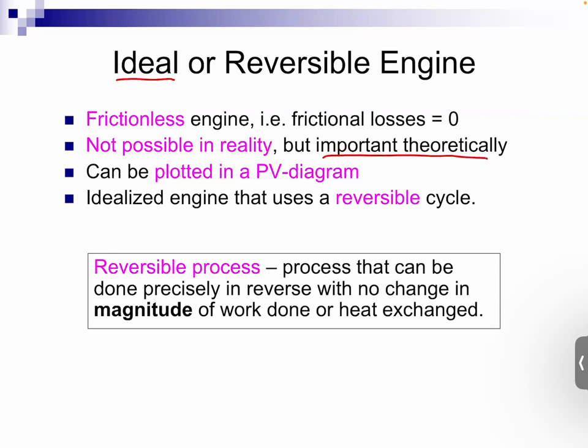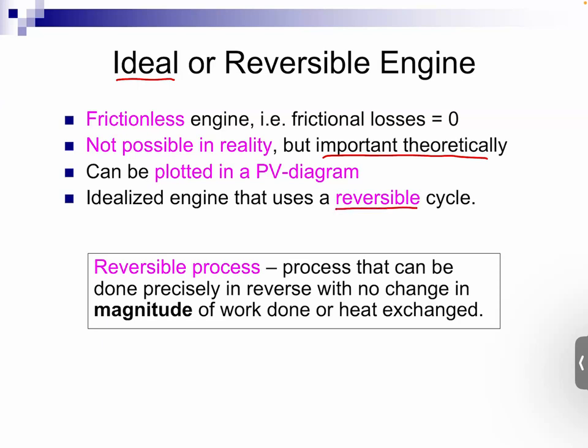And so we will look at that in this lecture. And it's important theoretically because it allows us to plot a pressure volume diagram or a PV diagram. And from the PV diagram, we will be able to derive one more equation that tells us about the efficiency of an engine. Right, for an idealized or perfect engine where there is no frictional losses, the cycle is reversible.